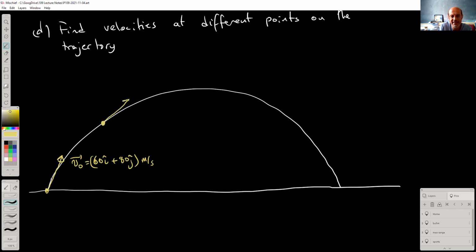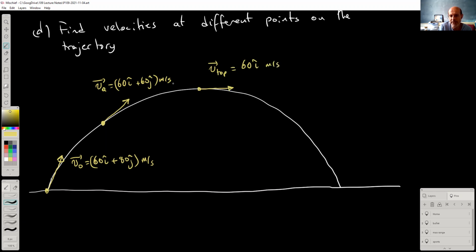At this point, the velocity is VA. So that's 60i plus 60j meters per second. So the x component of the velocity remained the same. The y component of the velocity decreased, right? At the topmost point, let's call this V top, this is 60i meters per second.